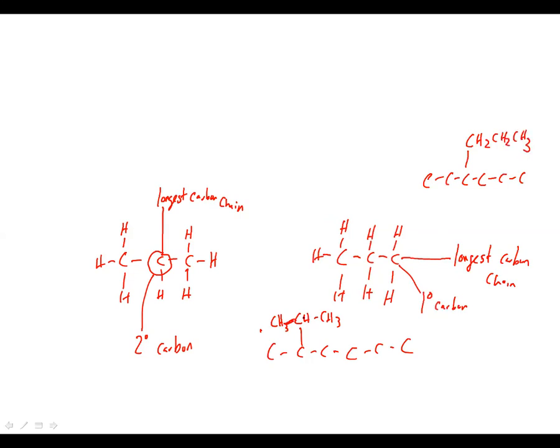So it's really just a difference in how they're connected, which gives a different group. The top right being the normal propyl group, the bottom middle there being the isopropyl group.